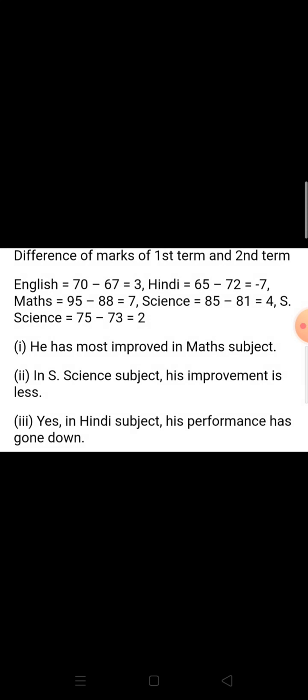Now in Hindi he got less marks in second term. So 65 minus 72 is minus 7. Maths 95 minus 88. So in maths he got 7 marks improvement. Science 85 minus 81, that is 4. SST 75 minus 73, that is 2.